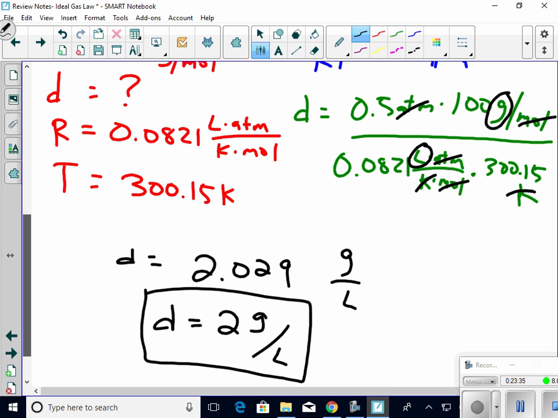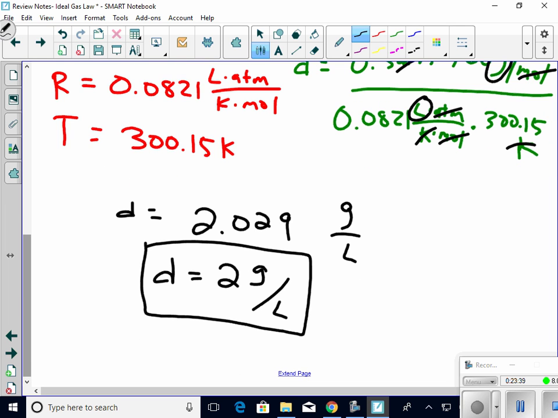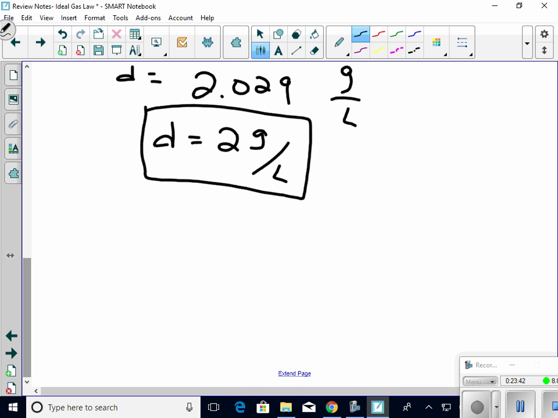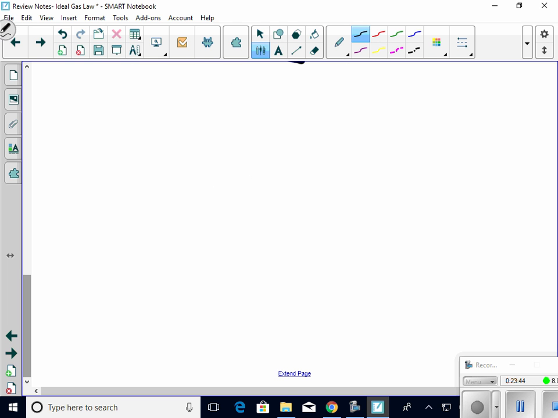Now, I want to just tell you one final thing about this one. P, M, D, R, T, right? Could I substitute the density? What is density equal to? Mass divided by volume.